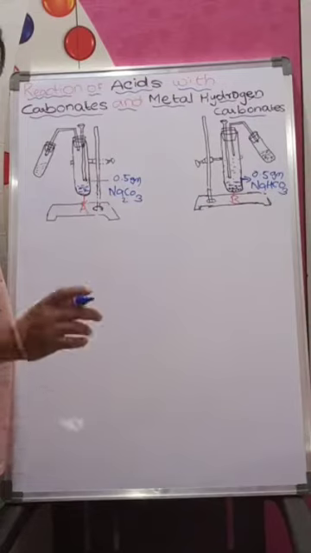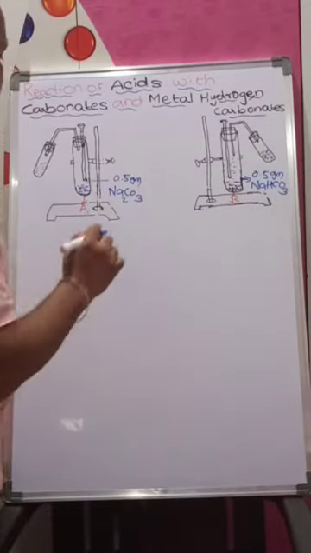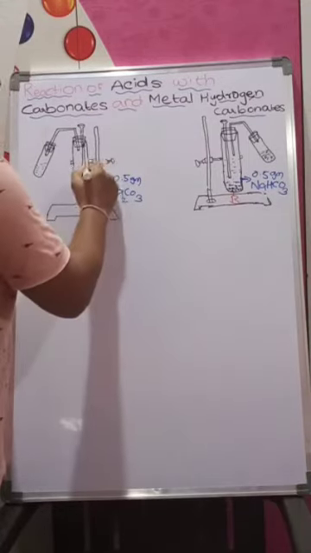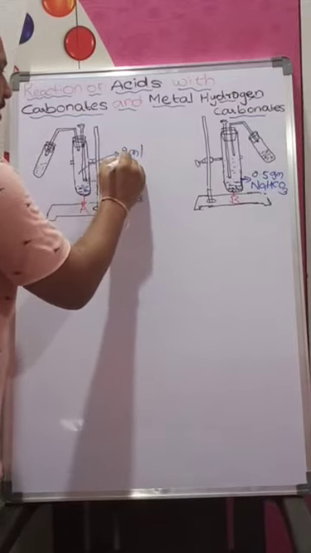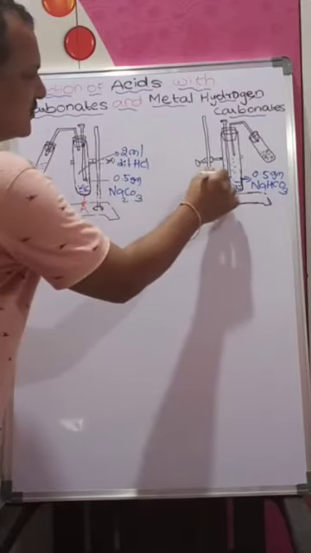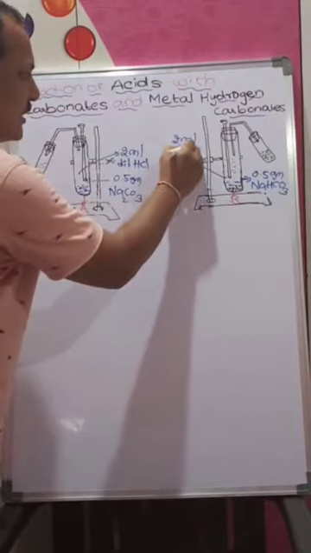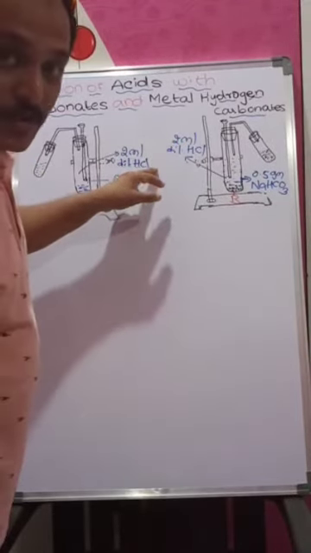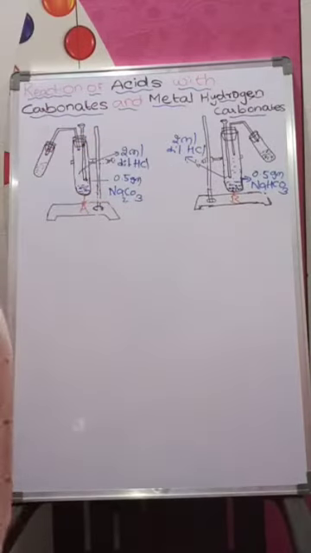Then add 2 ml of dilute HCl in both test tubes with the help of the thistle funnel.